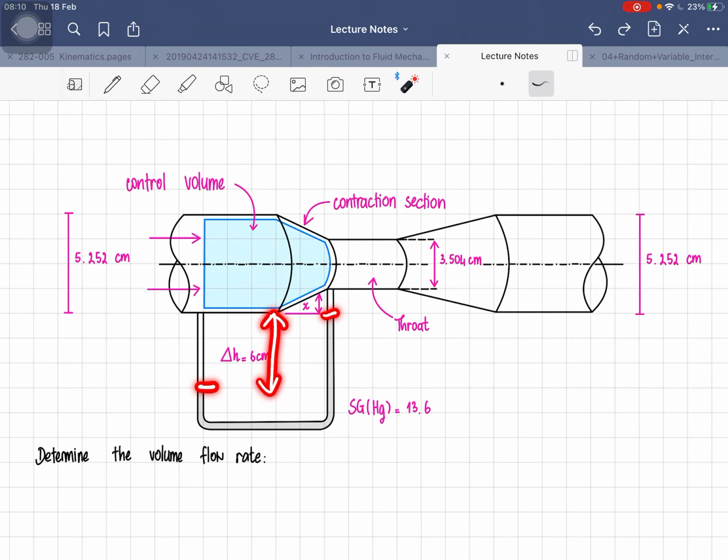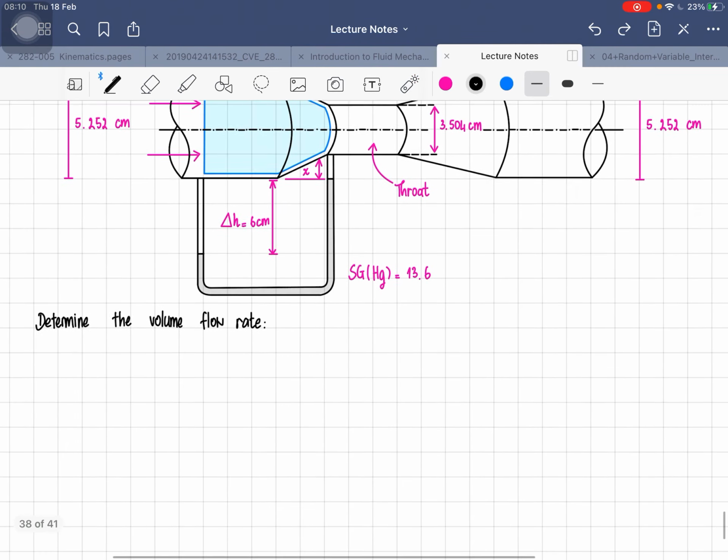The height difference is 6 centimeters, and there's another height difference from the pipe, which is x centimeters. So now we have to assume it's one dimension, because it's easier to work in one dimension over 3D, three-dimensional.